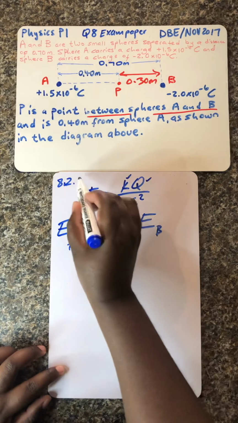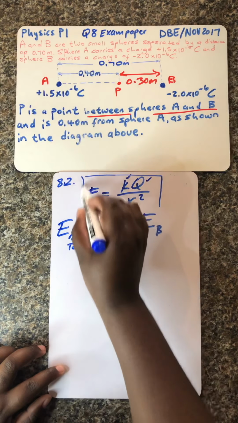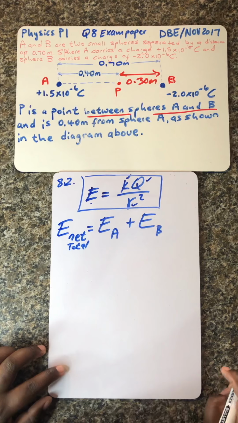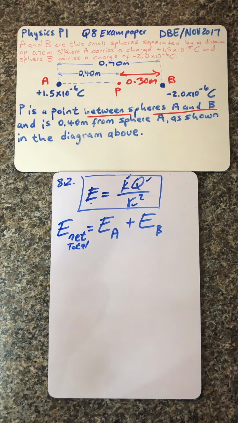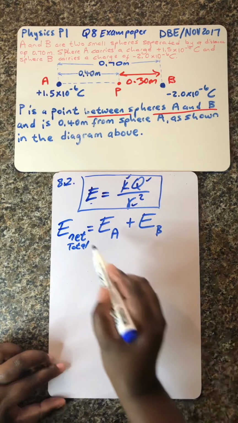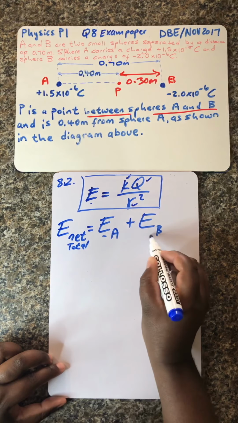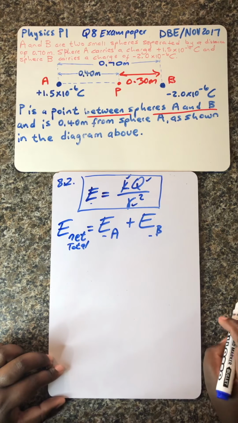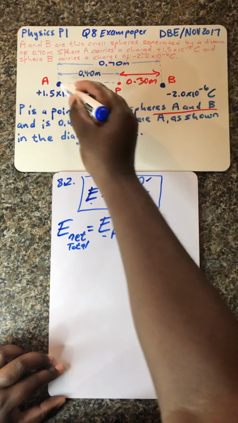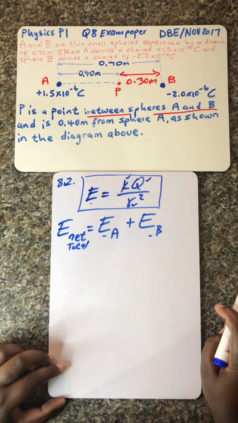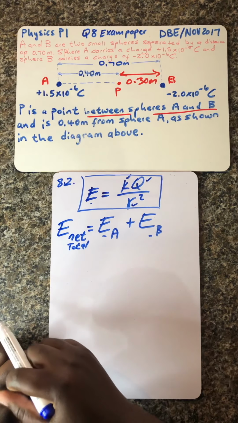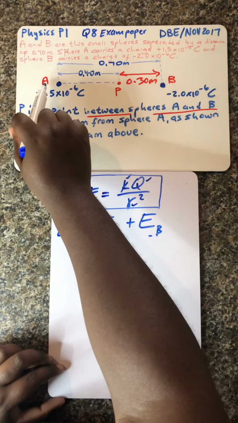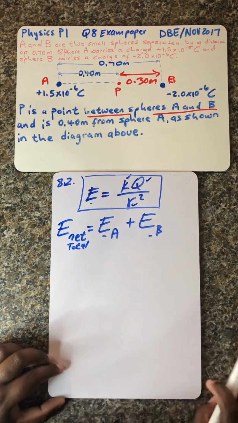This formula is not for calculating the net, not for calculating the total, but in most cases you are given a mark for that formula, which shows that you know exactly what the question wants you to calculate. So with you adding these two, it shows that you fully understand that point P is between A and B. It is therefore important that when you calculate the electric field strength at that point, you take into consideration the fact that it's between A and B.